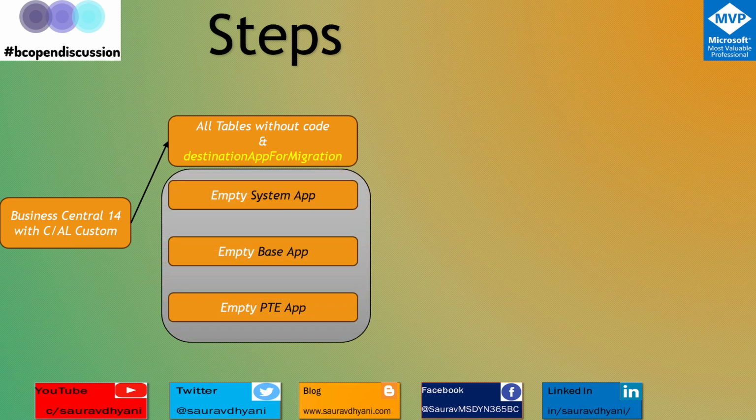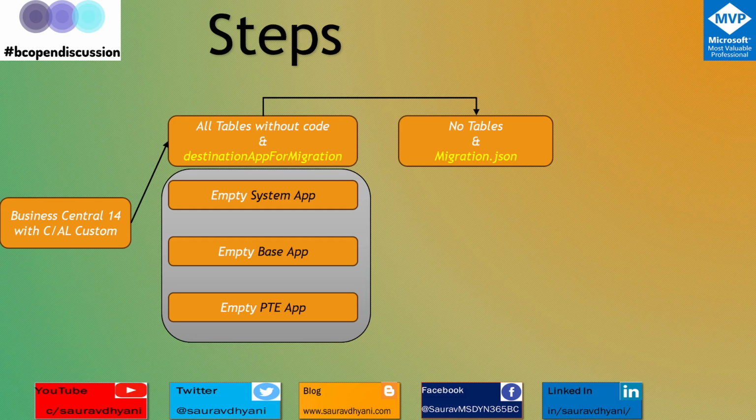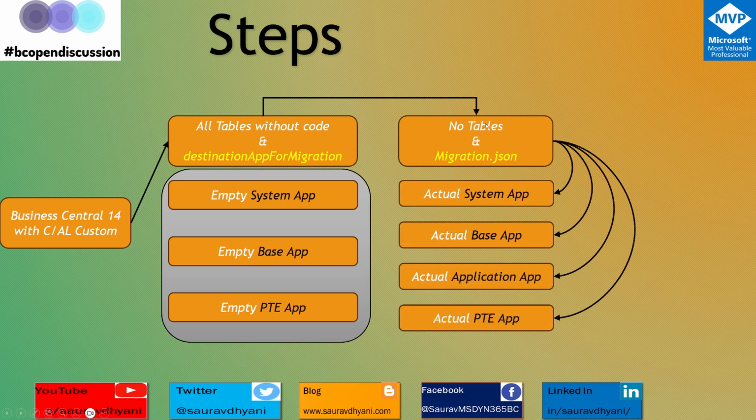And the destination app for migration, which is a combination of empty apps, and this is an older slide, but there should be a foundation app also now in BC24. And then we create a version 2 of this app which has no tables other than those 3 tables which are changed to temporary, and that contains the migration.json file. And then this moves the data into the actual apps of your PTE: system, base application, and the foundation in this case.